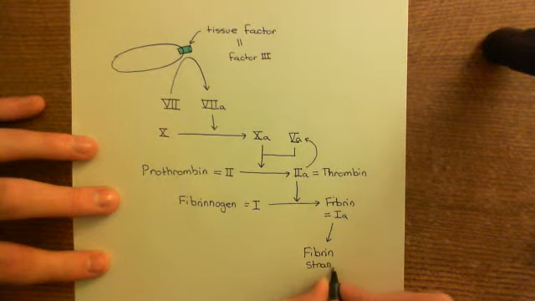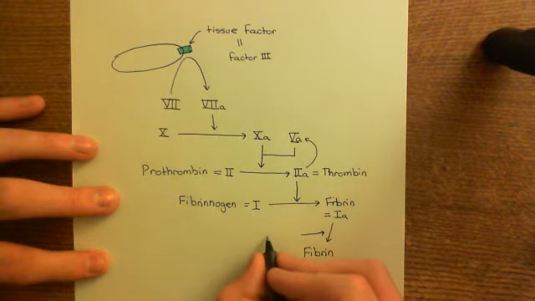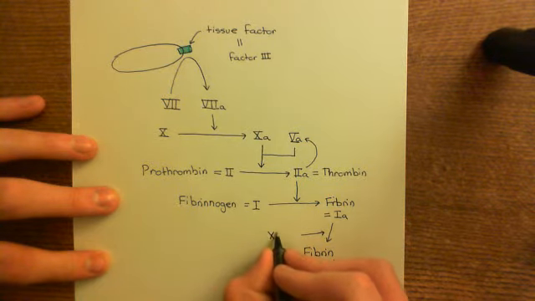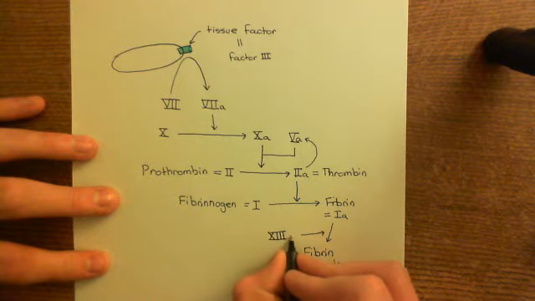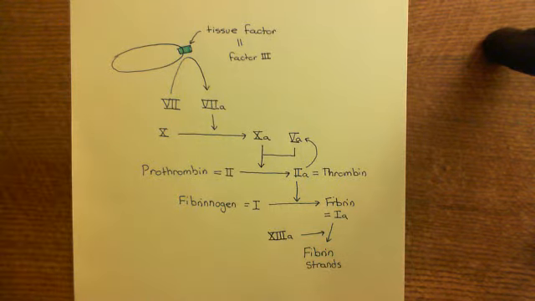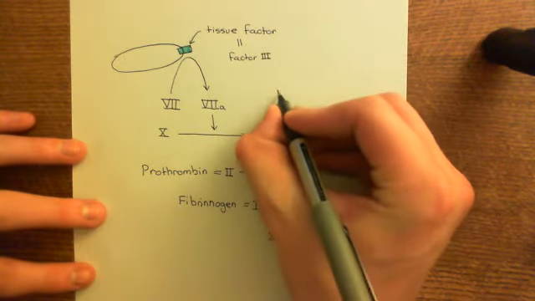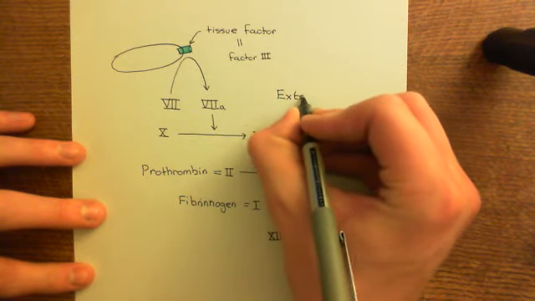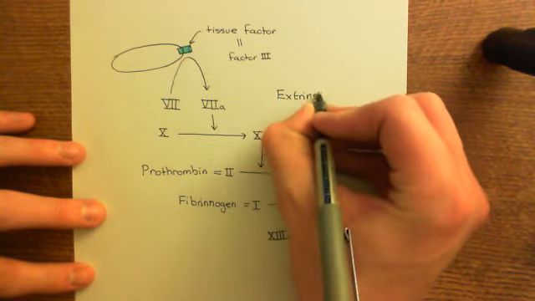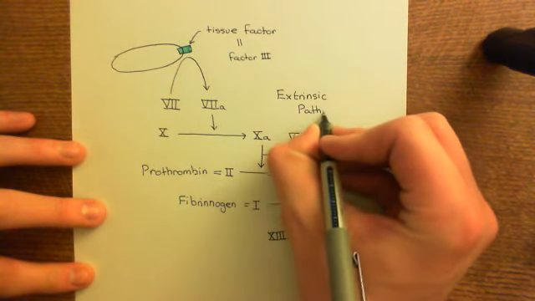So this is the extrinsic pathway of coagulation. And you'll notice that it, unlike the intrinsic pathway, was activated by tissue factor rather than collagen. So it's another pathway for producing fibrin strands, but this time it's being activated by tissue factor rather than collagen. And this is the extrinsic coagulation cascade, or just the extrinsic pathway.